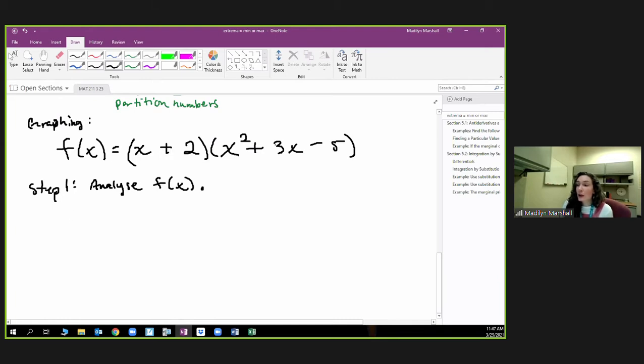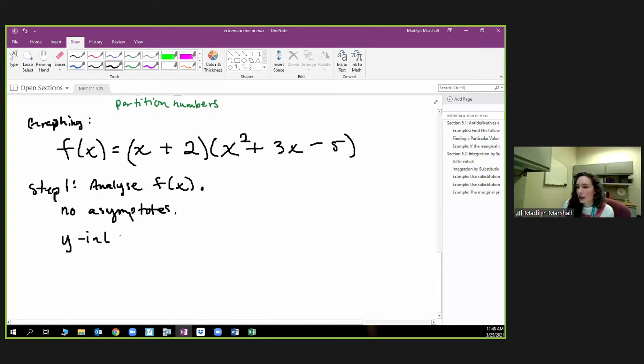So on this one, we don't have a denominator, which means there's definitely no asymptotes. Asymptotes only come when we have a denominator that can equal 0. So no asymptotes. But we are going to have x and y intercepts.